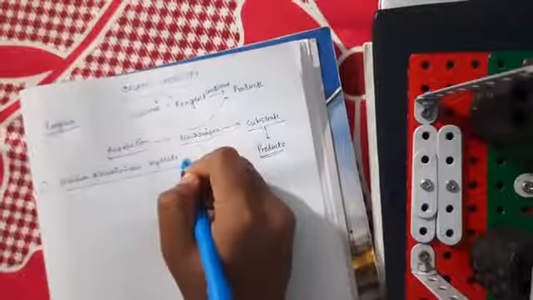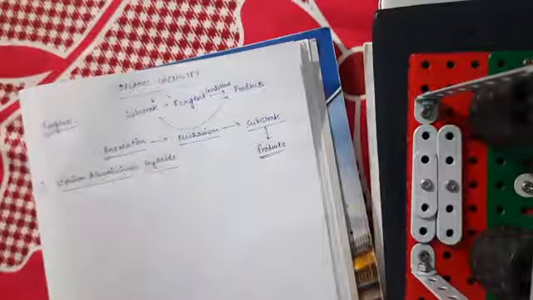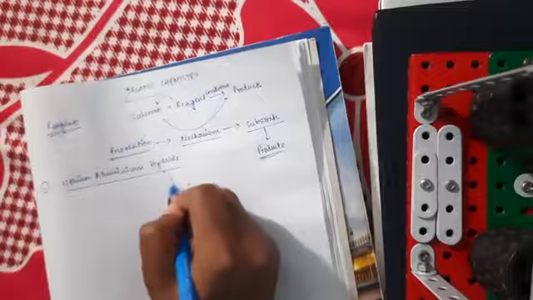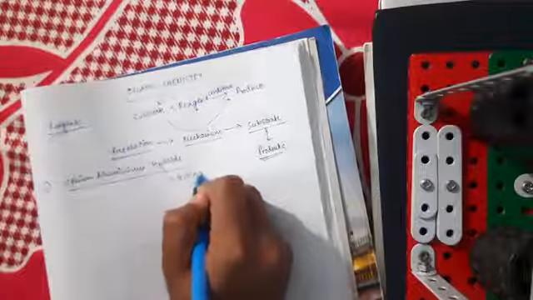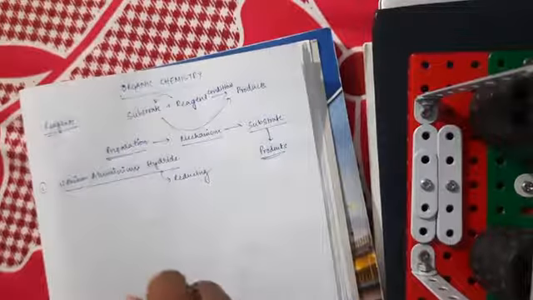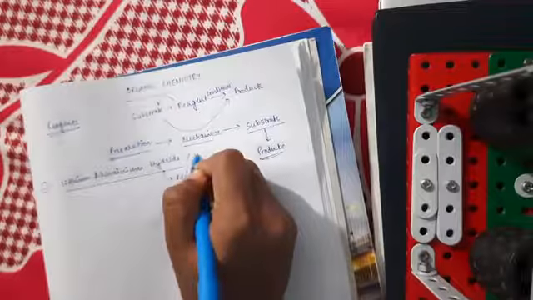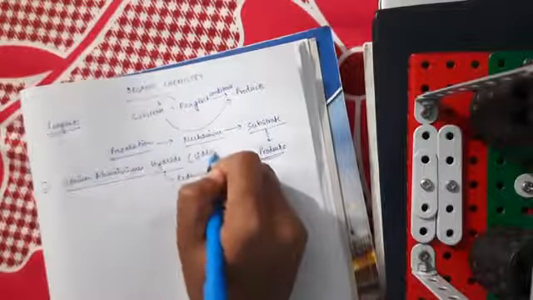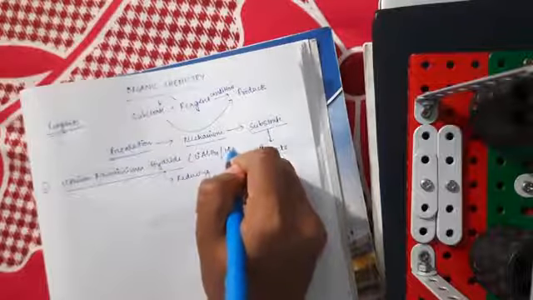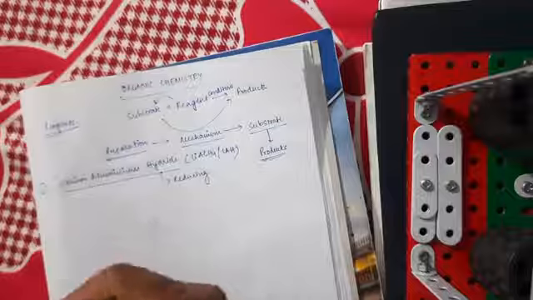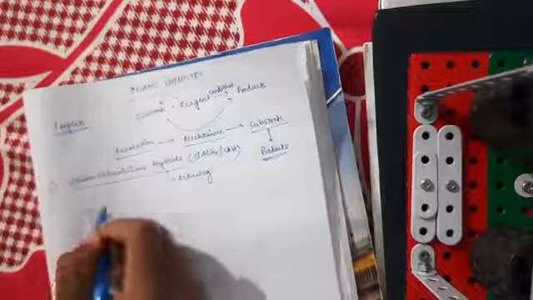So the first reagent that we are taking, lithium aluminium hydride, is actually a reducing agent. It can also be named LiAlH4, or LAH for more handy use, and that's all.